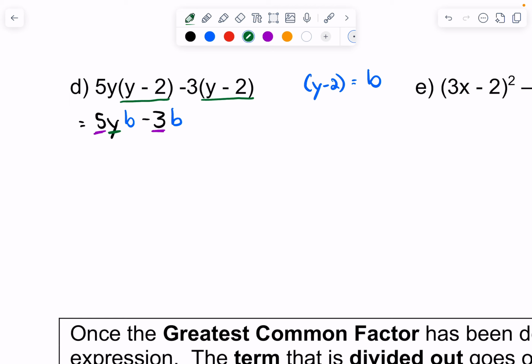And this is why I put those brackets. Here you can see that there is a b, which was those brackets, that is common. So in this case, our GCF is that b term. But b is something we made up. In reality, our GCF is actually that y minus 2 bracket.